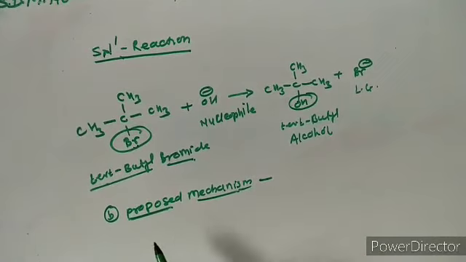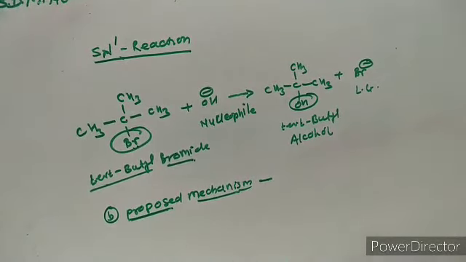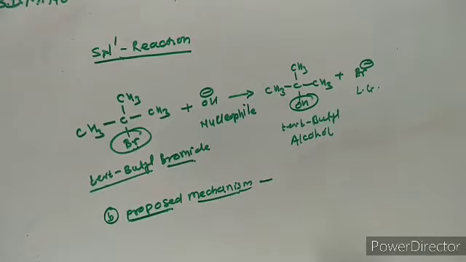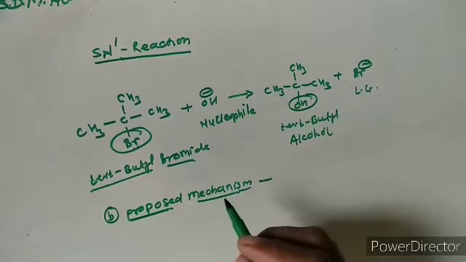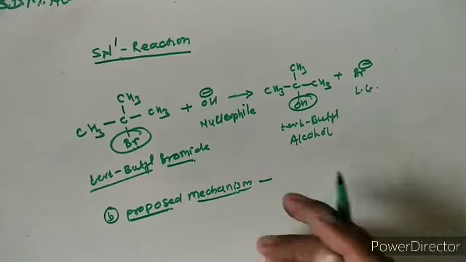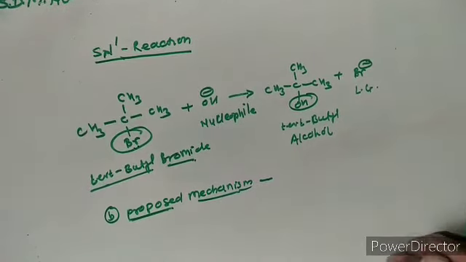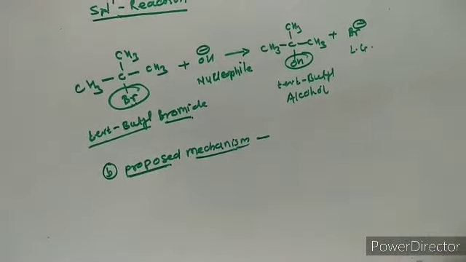to form a carbonium ion. As it is a bond breaking step, the energy required for this step is high, and hence it is a slow step. The carbonium ion formed is sp2 hybridized, and it is planar with bond angle 120 degrees. So let's see how this reaction happens.